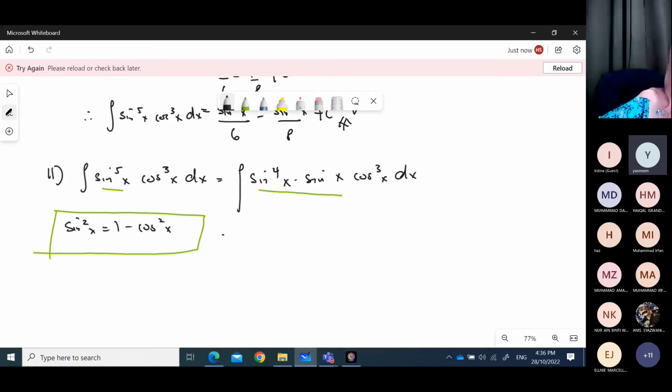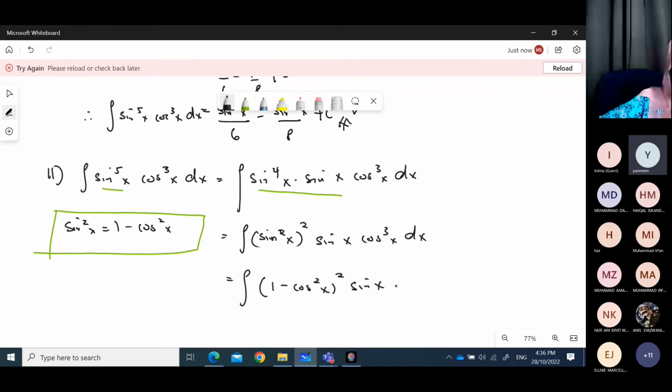So we use this identity. Okay, so from here we factorize for sine to the power of 4, so we have sine squared x, the whole thing to the power of 2 times sine x cosine cube x dx. Okay, so kita masukkan identity 1 minus cosine squared x to the power of 2 times sine x times cosine cube x dx.